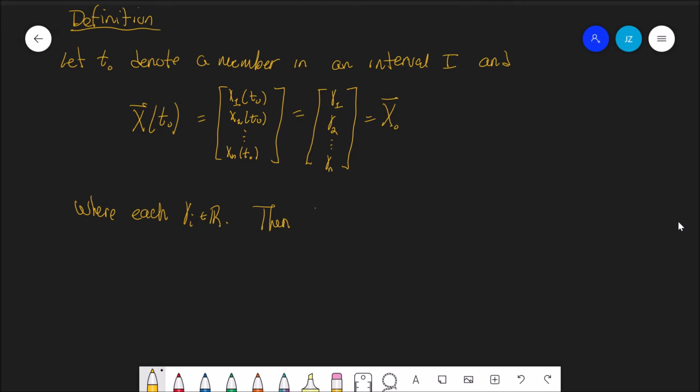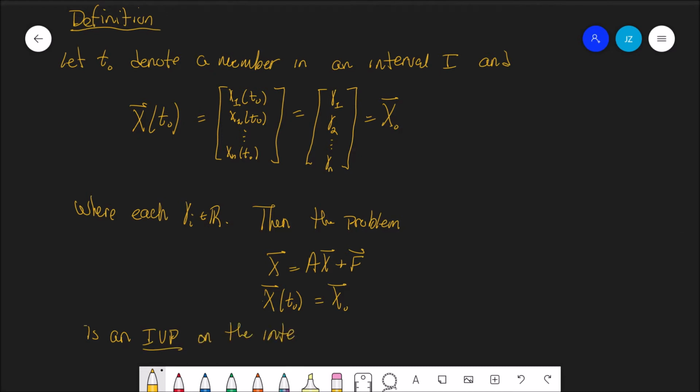Then the problem given by x dot equals Ax plus f and x of t naught equals x naught is an initial value problem. Remember, shorthand IVP, on the interval.